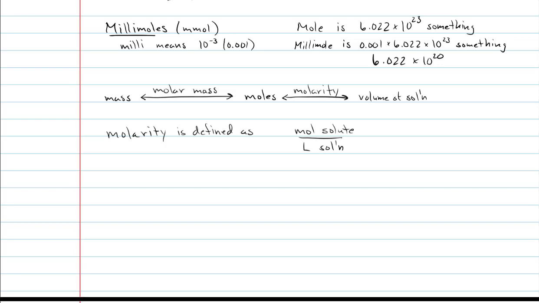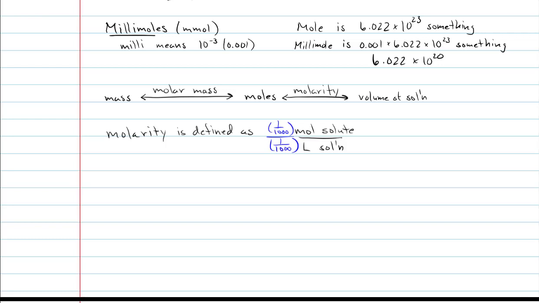Now, as you should already know, we can multiply both the numerator and the denominator by the same number, and that does not change the value. In other words, I could multiply the numerator here by 1 over 1,000, and I could multiply the denominator by 1 over 1,000. And since 1 over 1,000 divided by 1 over 1,000 is 1, I'm not changing anything here.